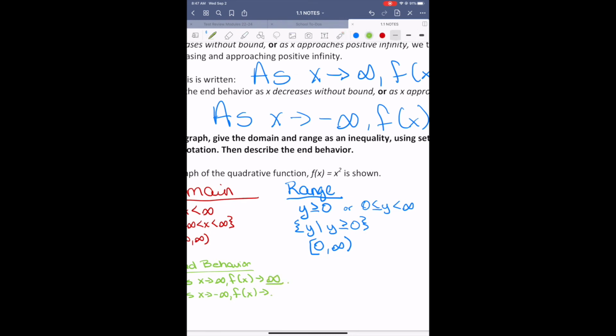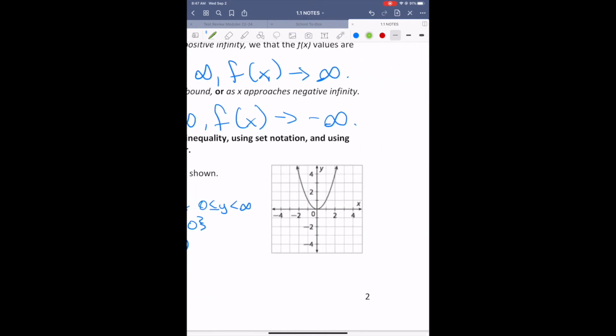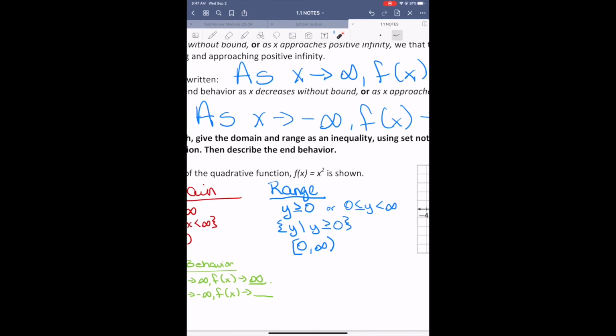Okay, now let's see what happens on the other side. Well, on the other side, as x approaches negative infinity, meaning we go to the left, what are the y values doing? They're extending up. So as x approaches negative infinity, f of x approaches positive infinity.